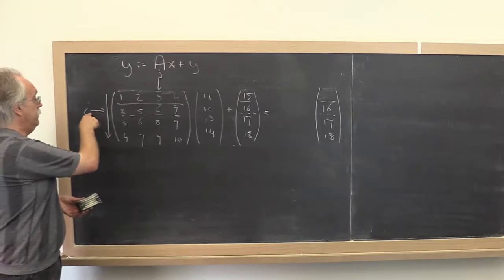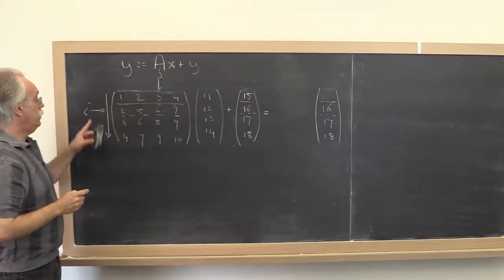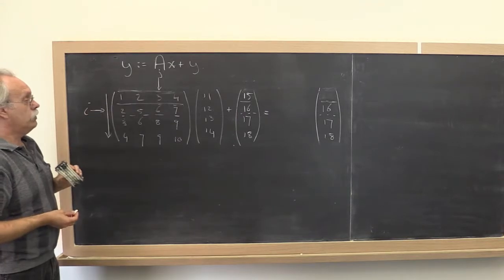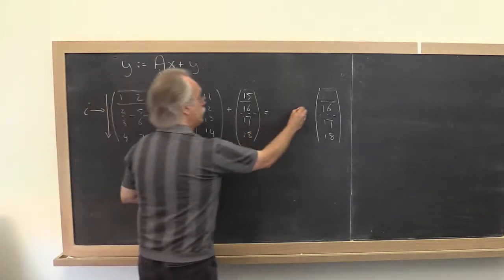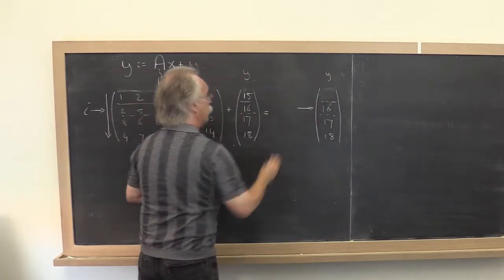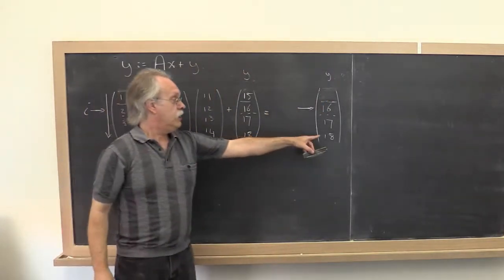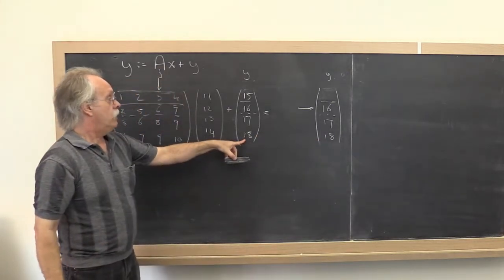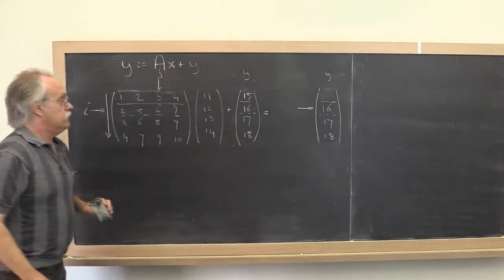Notice if we pick our index i to operate with the current row of the matrix, then it also is operating with the current index of y. And remember, this is y as it's being overwritten, and here we have the original y.